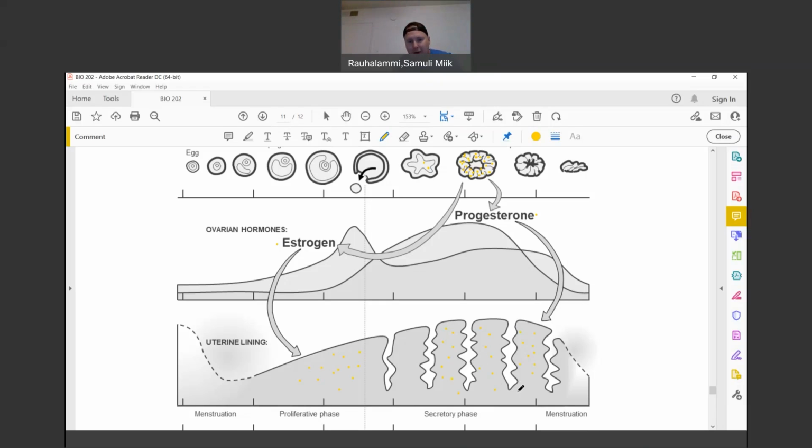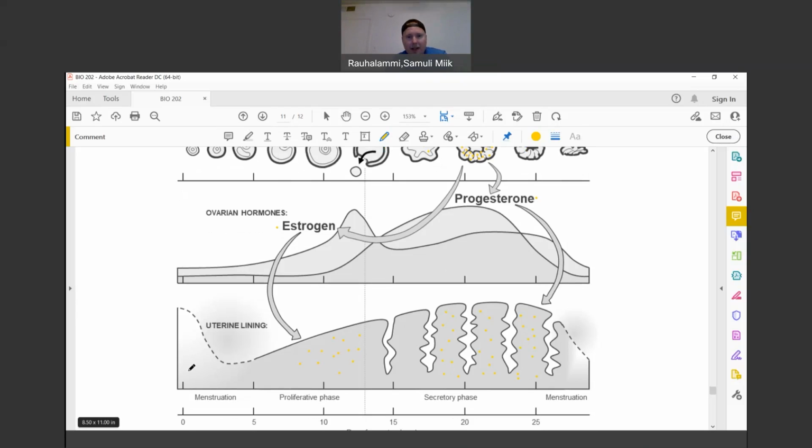fetus and embryo. Another thing that progesterone does, it also contributes to the glandularization of the uterine wall lining, so making it very glandular, so that's what it helps with as well.